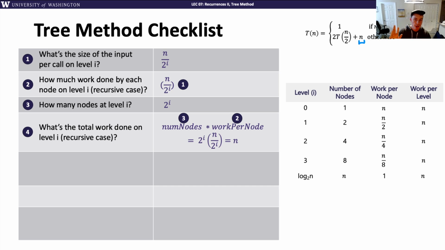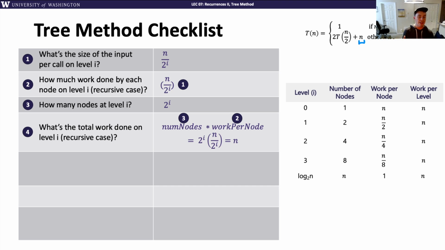What have we just done? We have just shown the amount of work done at each level of the tree in the recursive cases. Notice how, if it wasn't super clear before, in that table, how did you come up with the number of nodes per level and the work per node? This is giving you a really methodical way of thinking about this.